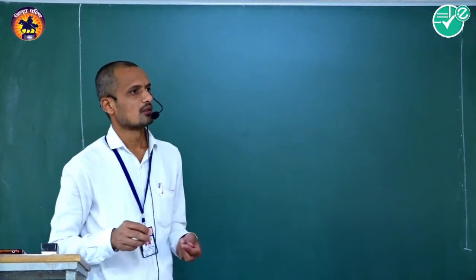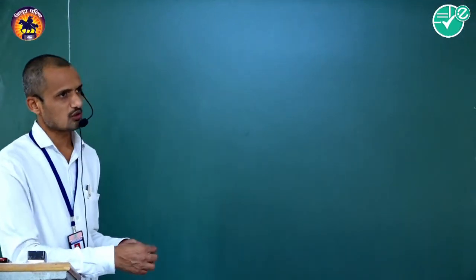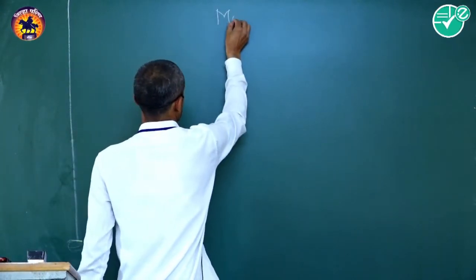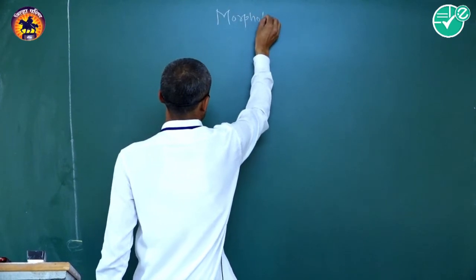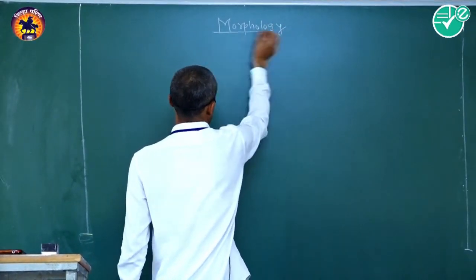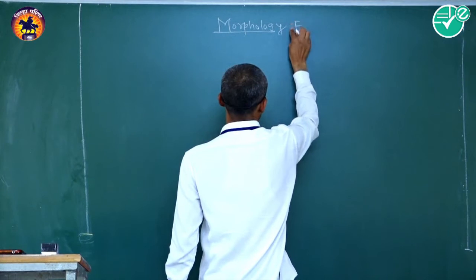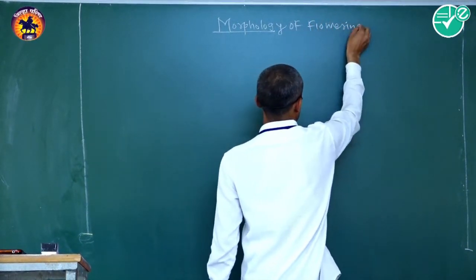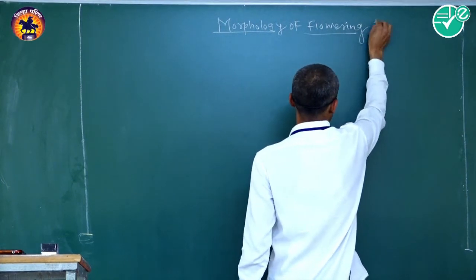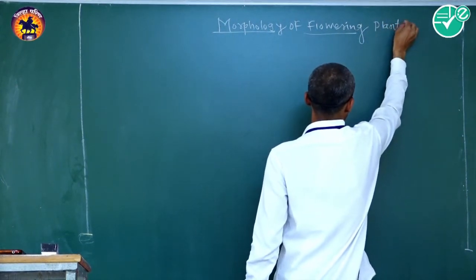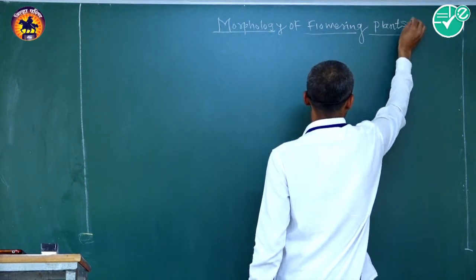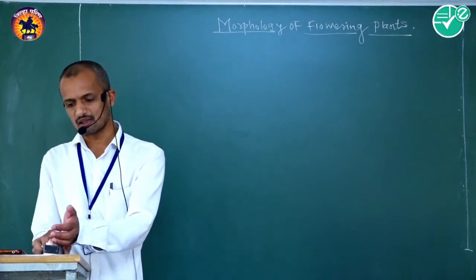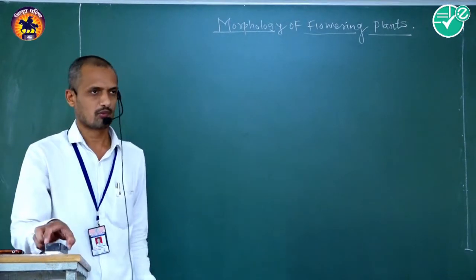Today I will talk about the next topic, that is morphology of flowering plants. Morphology means the external appearance of an individual.